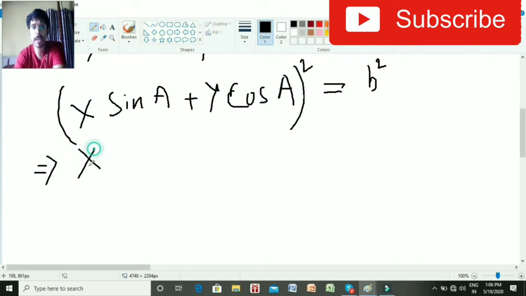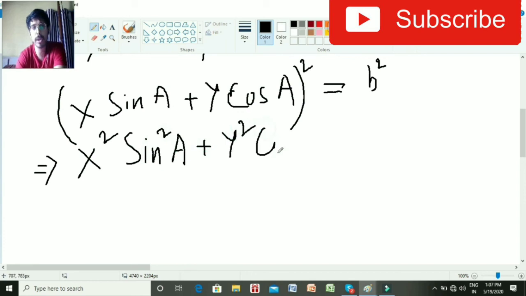So it will be x square sin square A plus y square cos square A, that will be equal to B square. Sorry, there is one more thing I've missed.